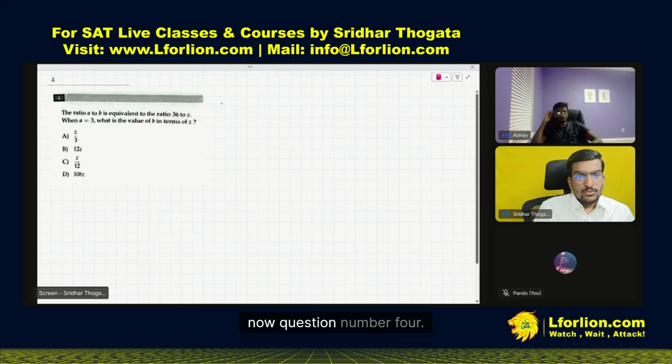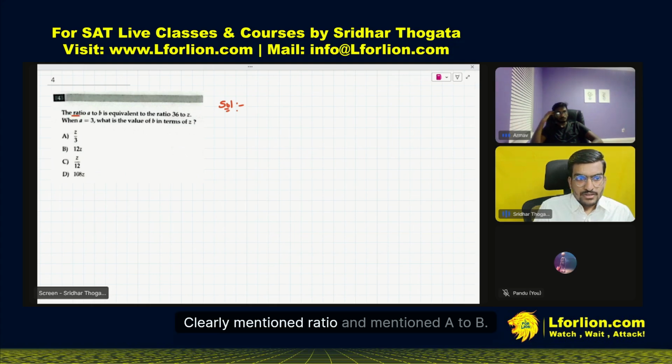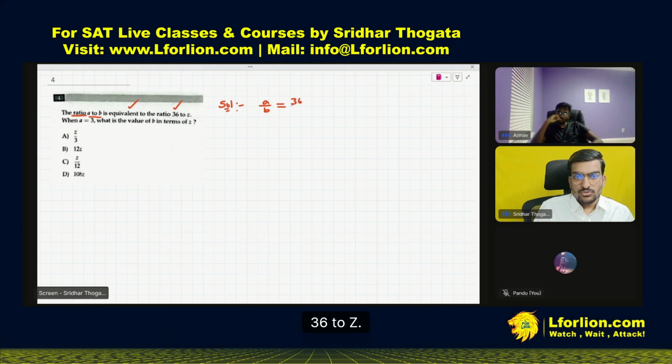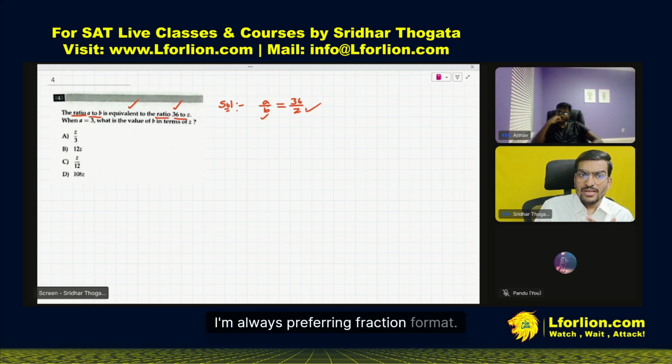Okay, now question number 4. The ratio A to B, A by B, equals the ratio 36 to Z. Whenever they say ratio 36 to Z, I always prefer fraction format.